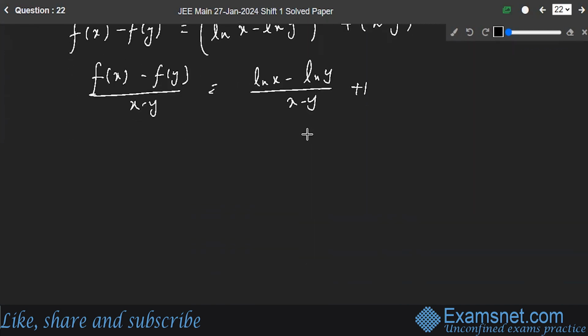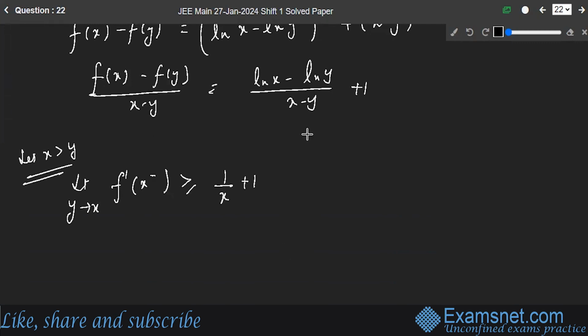Now let's say x is greater than y. For that, taking limit y approaching x, f dash x minus will be greater than or equal to 1 by x plus 1, equation 1. And let's say x is less than y. For that, taking limit y approaching x, f dash x plus is less than or equal to this.